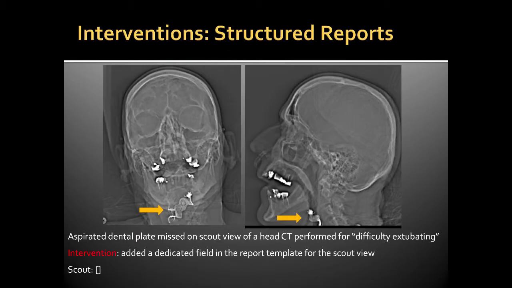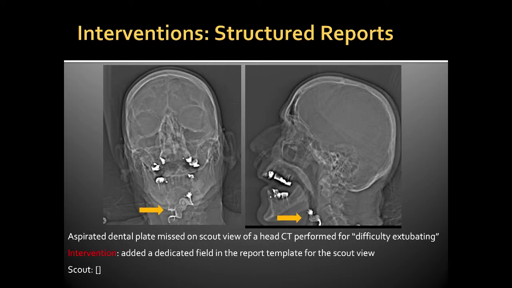Another intervention that I've talked about in a prior module is structured reports with fields dedicated to blind spots. This is a patient who had difficulty extubating over about 10 days. He had had multiple head CTs and chest x-rays, which did not identify the aspirated dental plate until a radiologist finally looked at the scout view for a head CT and determined the cause.